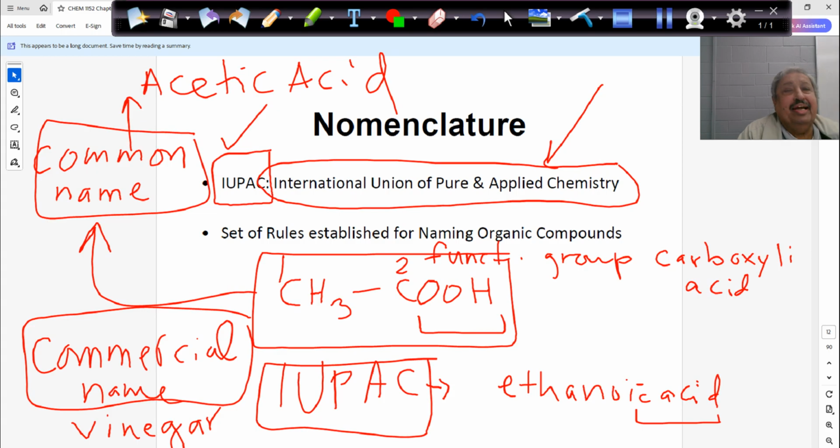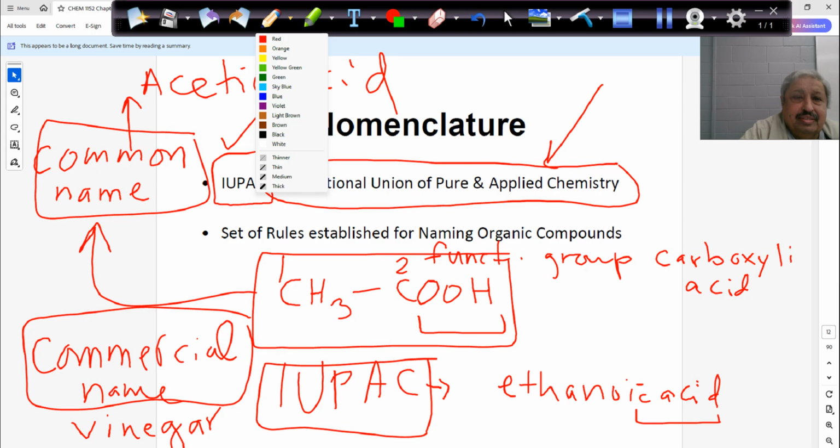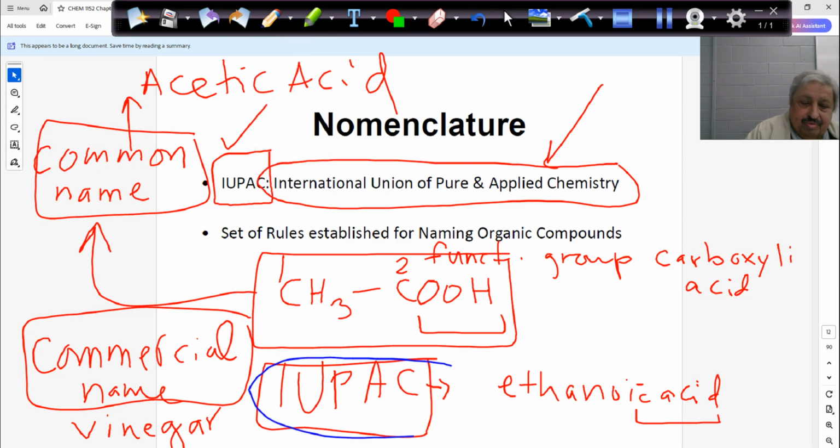So you will see in organic chemistry, we have 3 names to name this compound: the common name, the commercial name, which is found on the shelf in the stores, and then the IUPAC name. But our goal is the IUPAC name. It's a plus to know the commercial name and the common name, but we will not always be able to figure out a common or commercial name unless we go to textbooks or references and look at the literature.